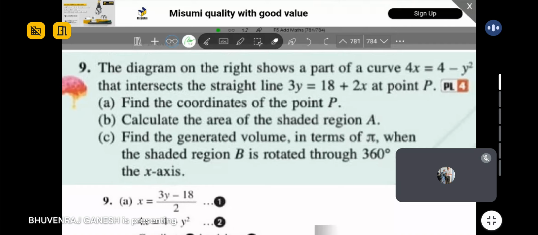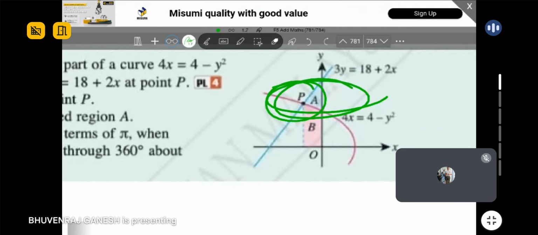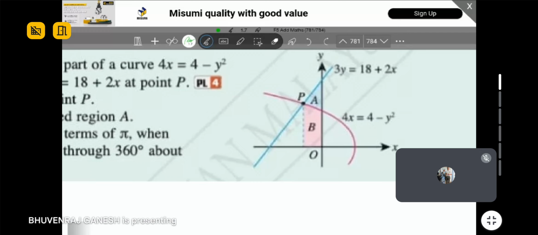Okay, guys. So, for part B, find the shaded region A. Okay, so this one, which one you want to use, guys? X-axis or Y-axis? Which one? Mana lebih senang? Kalau kamu lihat kawasan A, which integration looks easier?